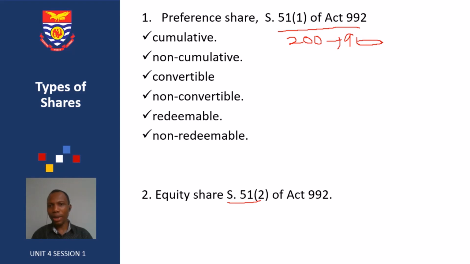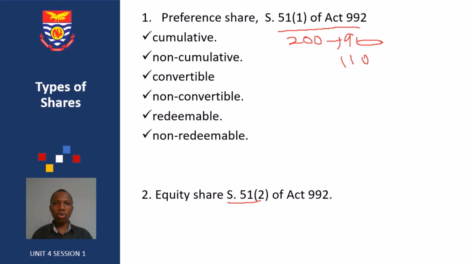This year, if the company makes profit and dividends are declared, that outstanding balance of 110 will be brought to this year, and this amount will be paid before any other dividends are paid to any other shareholders. So it will be added up.